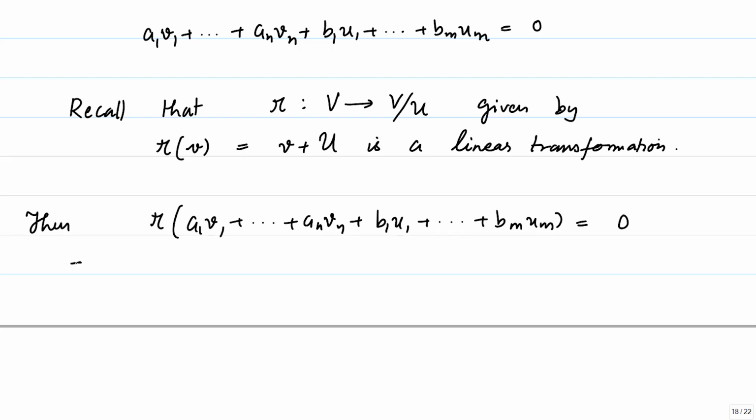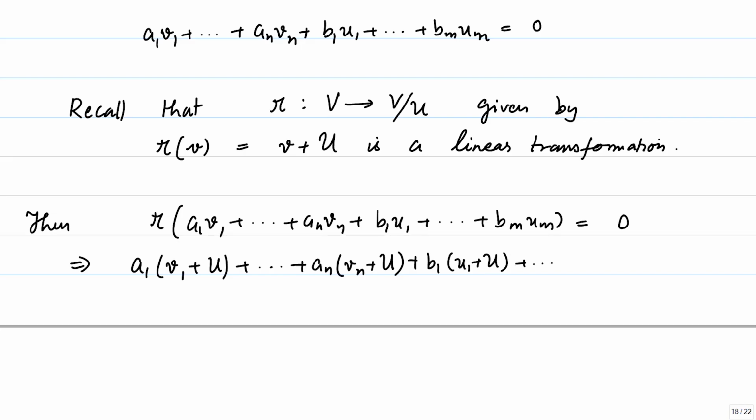In particular, this implies that A1 times V1 plus capital U plus up to An times Vn plus capital U, plus B1 times U1 plus capital U plus up to Bm times Um plus capital U, is the 0 vector.